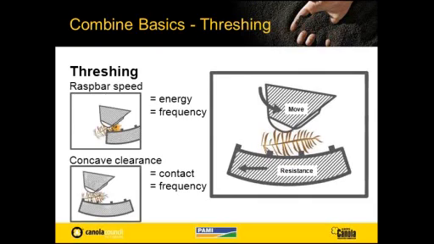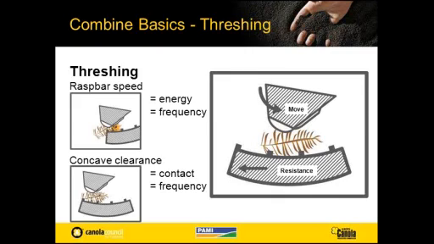So if we look at it, we know that the rasp bar speed is equal to energy and frequency. So the faster it's turning, the more energy it's got to give up, and that's the only source, and the frequency with which those bars pass a given point.